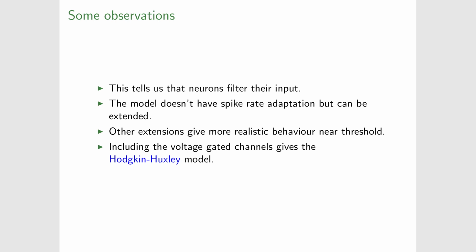So this is the first in a sequence of more and more complicated models, which ultimately brings you to the Hodgkin-Huxley model. The Hodgkin-Huxley model is built on a similar philosophy to this one. You're trying to look at the currents that go across the membrane, but you include not just the passive current that we've included, but all of the nonlinear voltage-gated channels that you might find in the neuron.